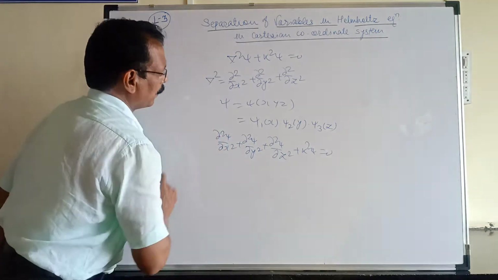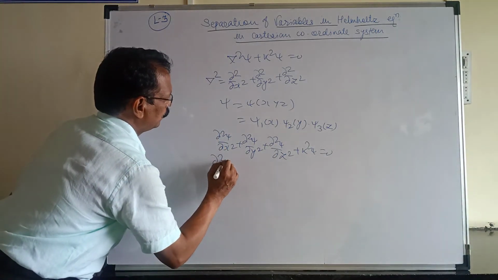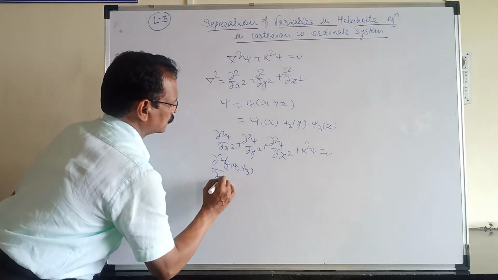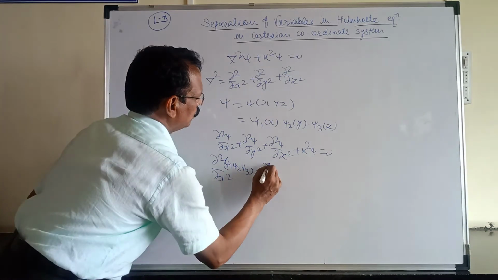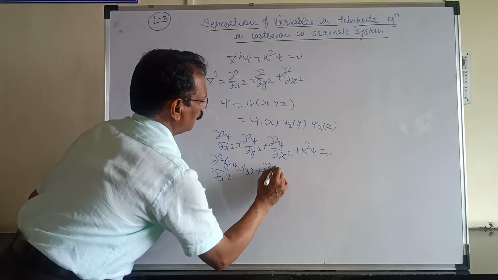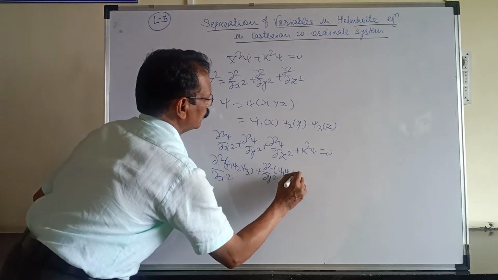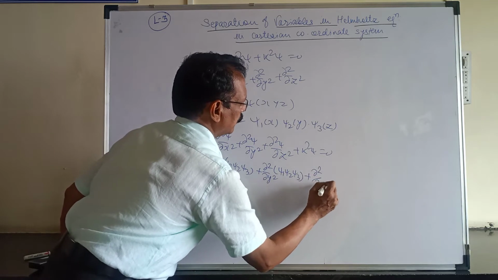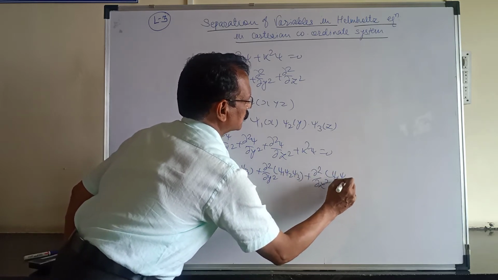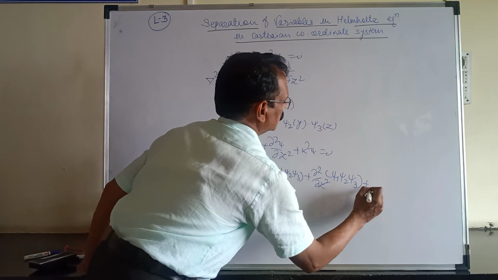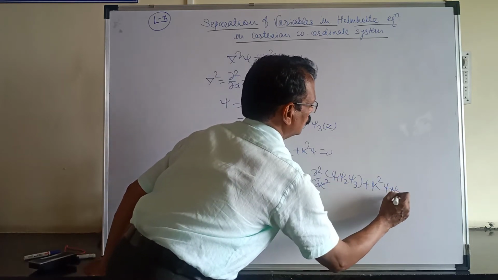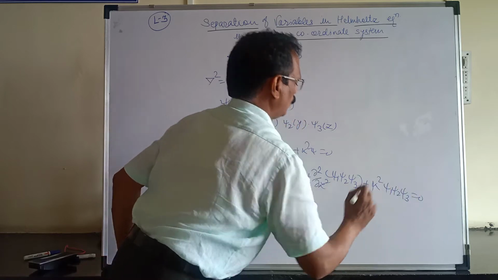So our equation becomes d2 of psi 1 psi 2 psi 3 by dx square plus d2 by dy square of psi 1 psi 2 psi 3 plus d2 by dz square of psi 1 psi 2 psi 3 plus, similarly, k square into psi 1 psi 2 psi 3, and it is equal to 0.